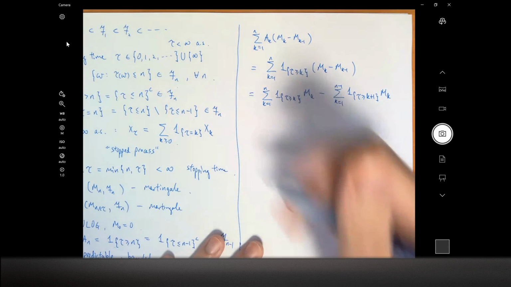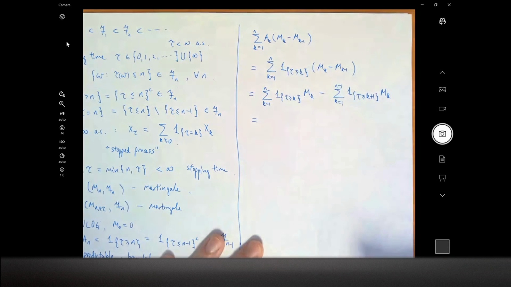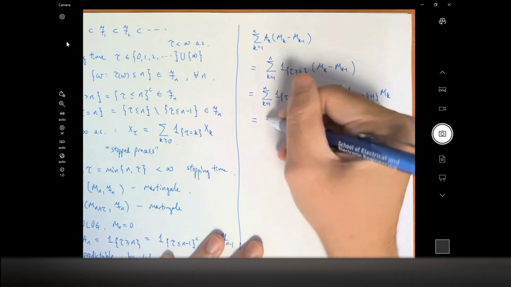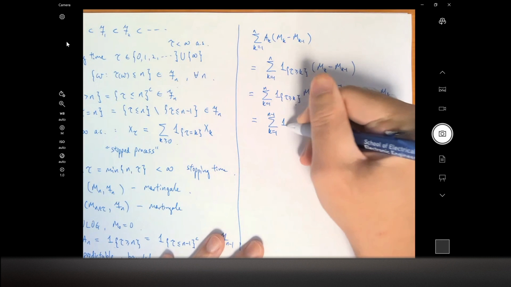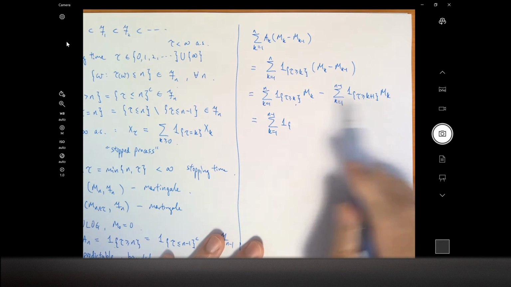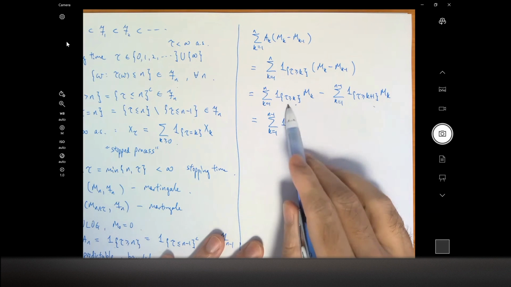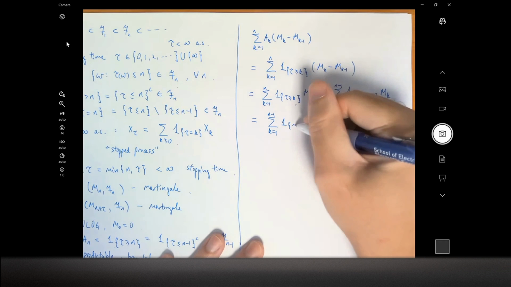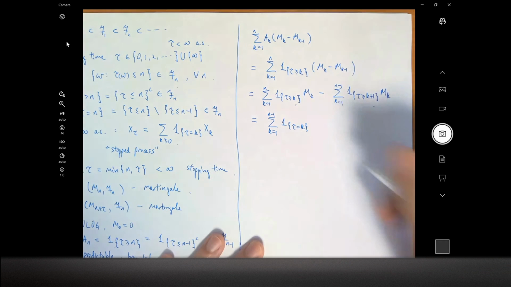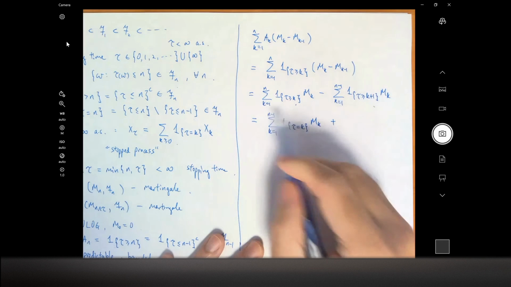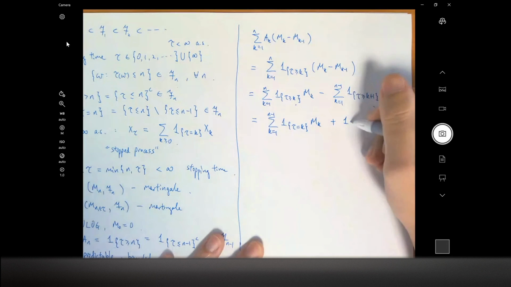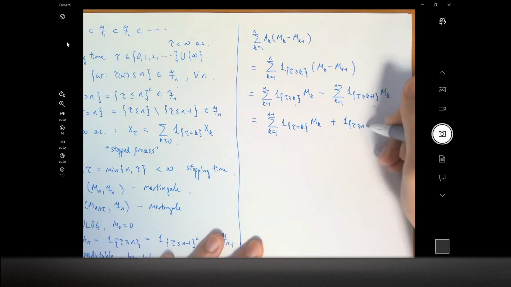Okay, so now we can simplify this expression. So this minus this. In the first n minus 1 terms, you write m_k, and this minus this, so you get the sum over tau equals k of m_k, and then you have one last term. In the first sum, there's the last term, which is tau bigger than n.